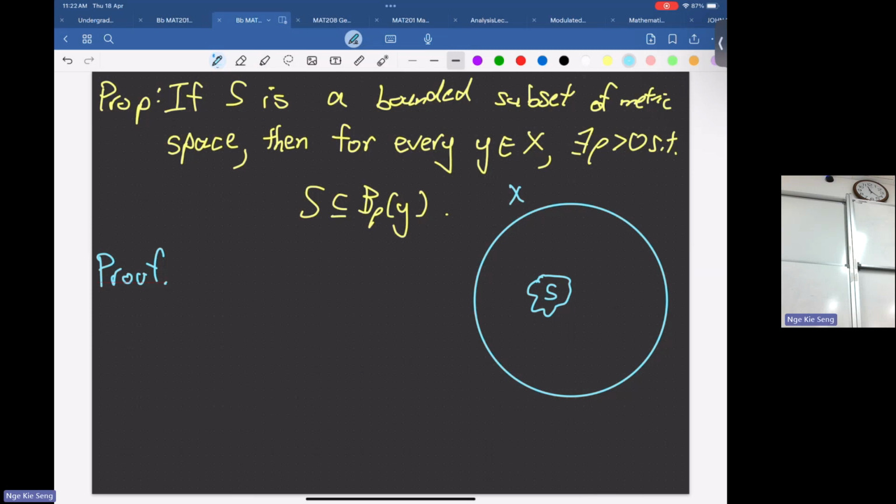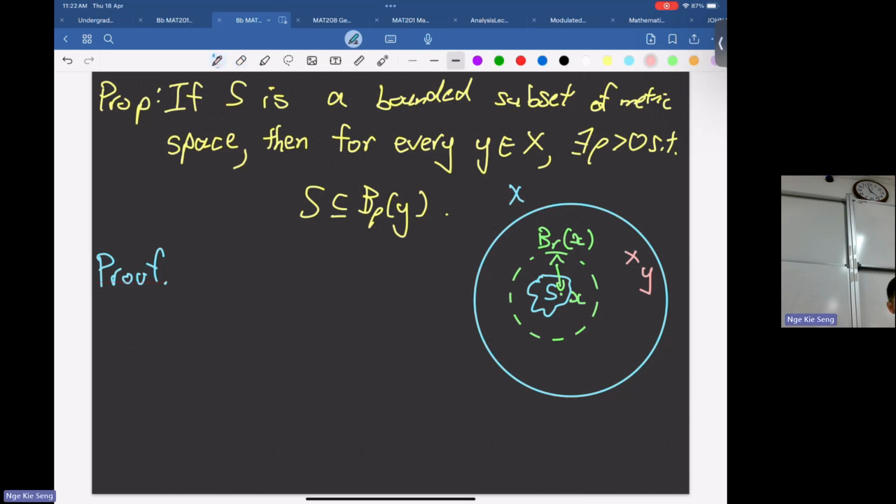We know that there exists some ball that could bound this because this is bounded: point X here, and then radius R. My claim is whenever I start at a Y here, I can find a ball that contains the set. Be a bit careful, we are using open ball here.